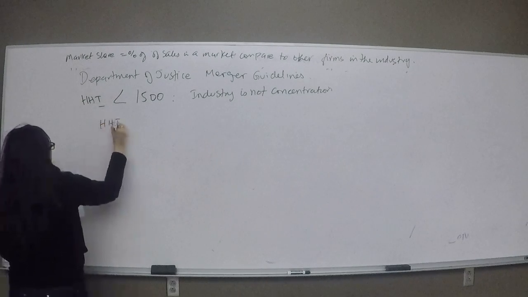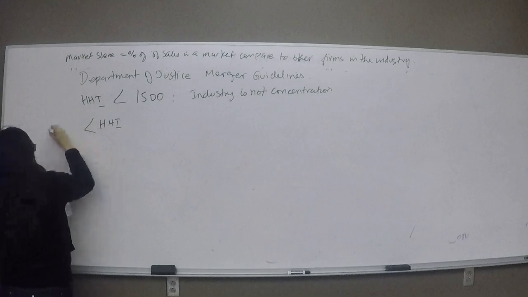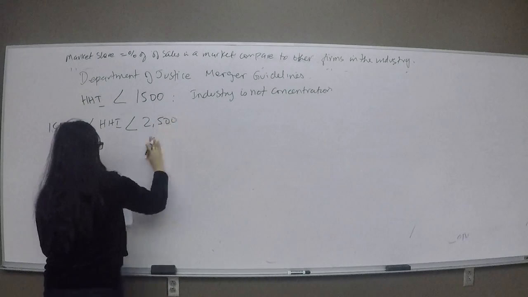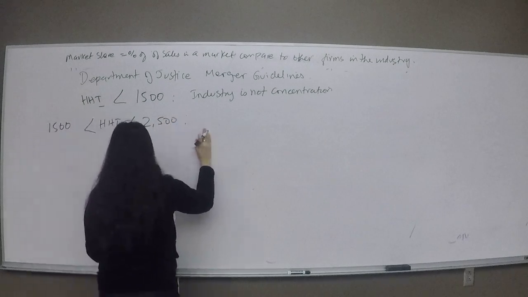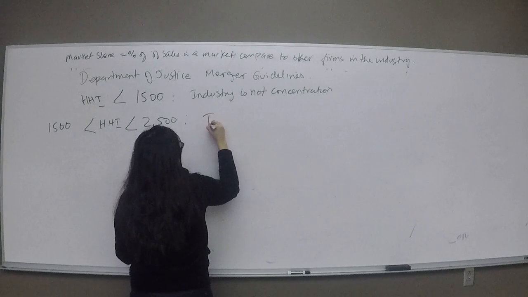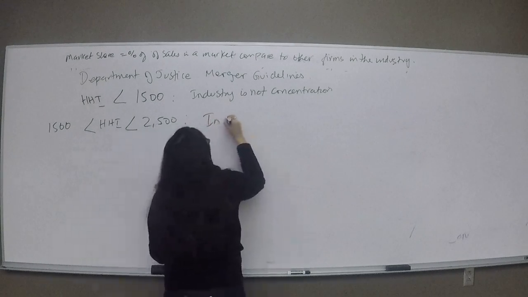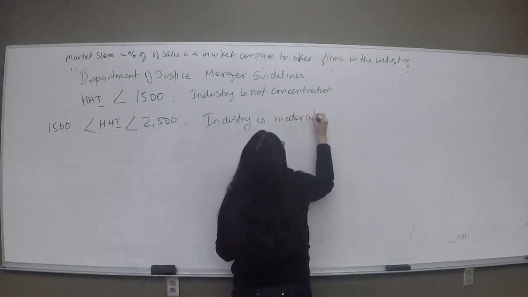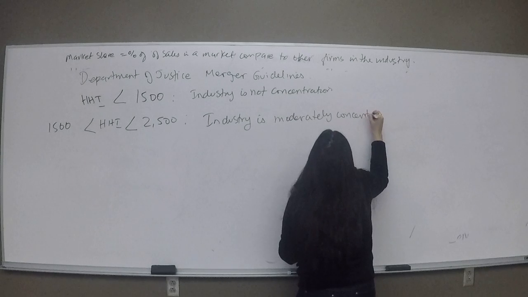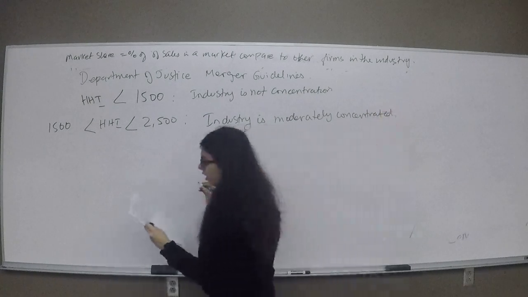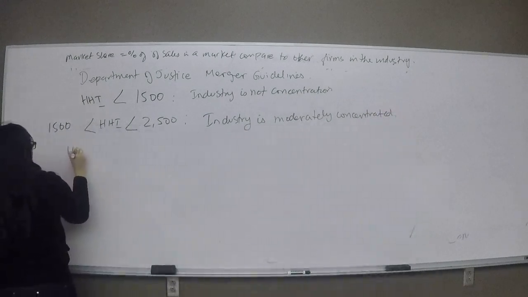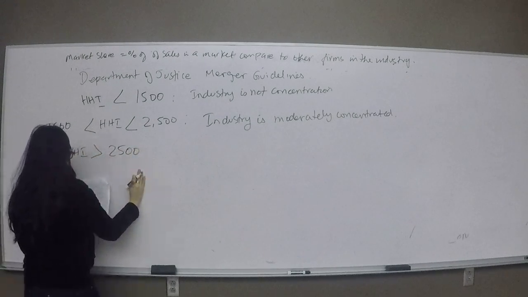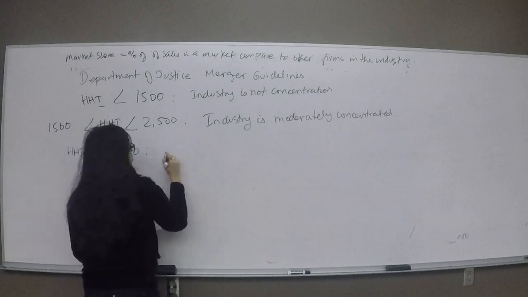If HHI is between 1,500 and 2,500, the industry is moderately concentrated. If the HHI is greater than 2,500, the industry is highly concentrated.